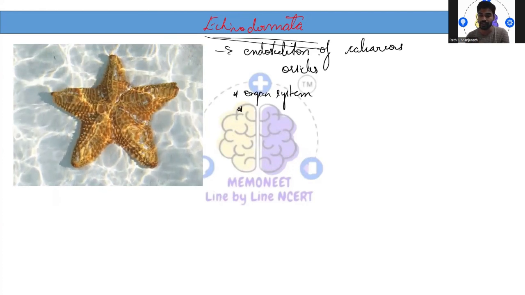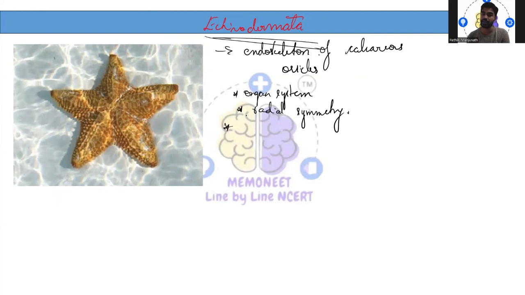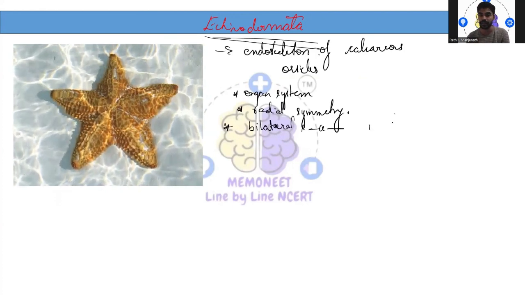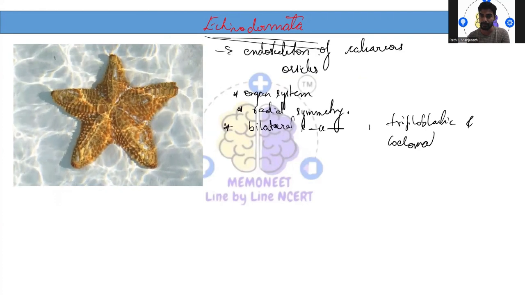What type of symmetry will you see? You will see radial symmetry, and in some organisms bilateral symmetry will also be seen. They are triploblastic and coelomate animals.